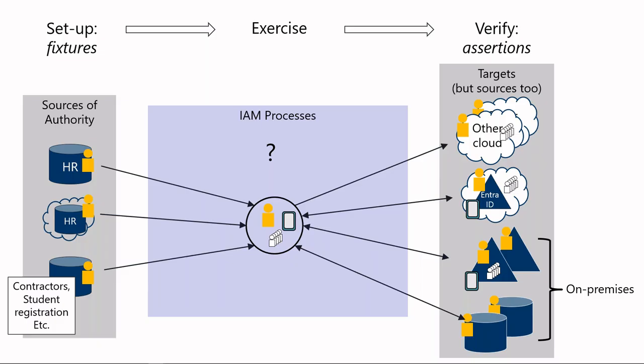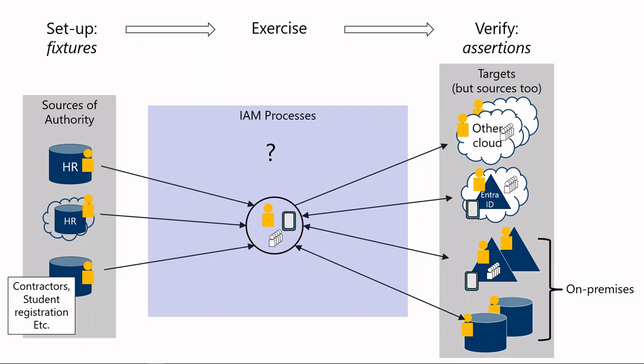But we verify that a user account got created. We verify that attributes have the right values. And what we use for that, the feature in Test Panel, is an assertion. So we have a number of fixtures to set up, and then we verify by having assertions. We assert that there is a user account in Entra ID. We assert that the attribute for user account control is whatever it should be.